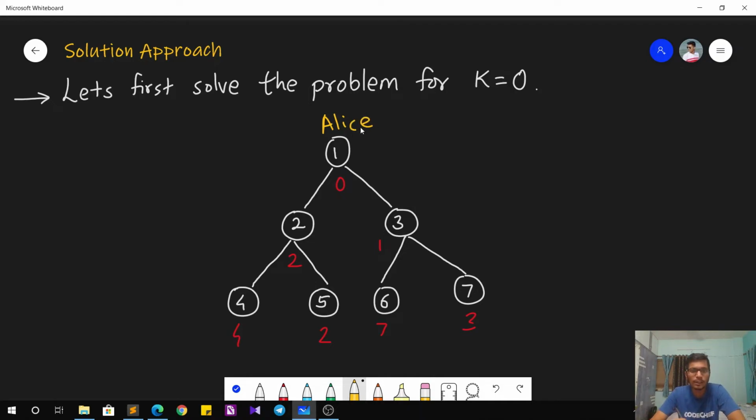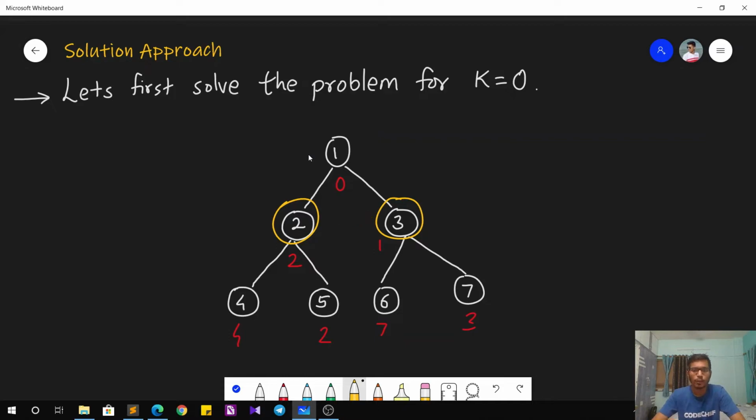But instead, I will first find the answer for its both children. That is, what if the game started at this node or this node? If I know the correct answers for both these nodes, then I can definitely find the optimal answer for the root node, because they are the children of the root node. So this thing can be extended and extended.